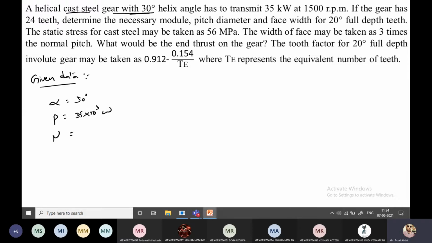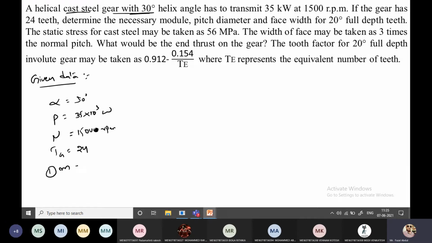Which RPM, gear RPM or pinion RPM? This one we don't know. So 1500 RPM. If the gear has TG = 24 teeth, determine the necessary module.